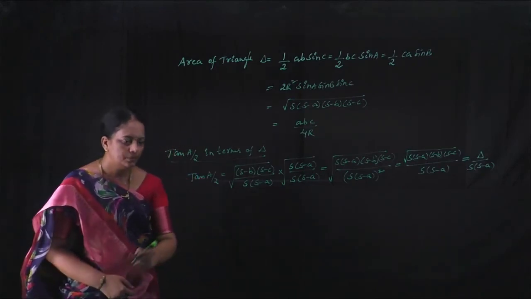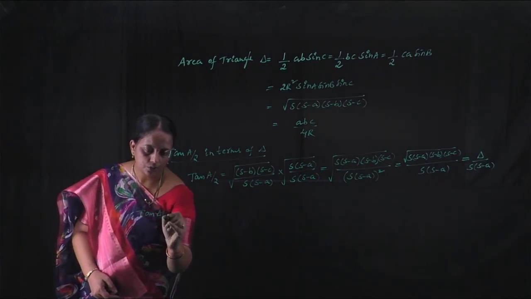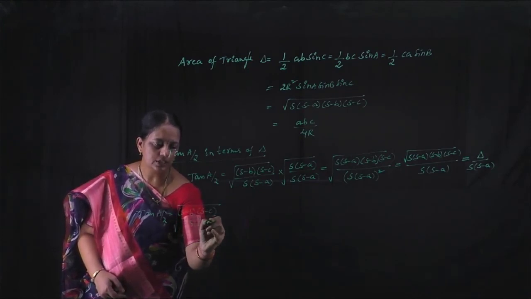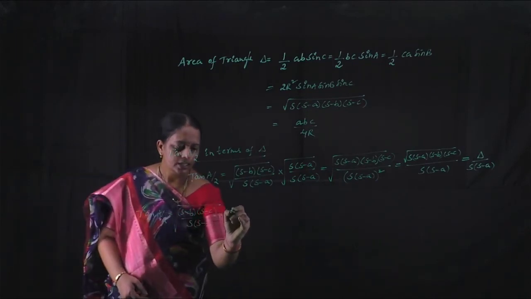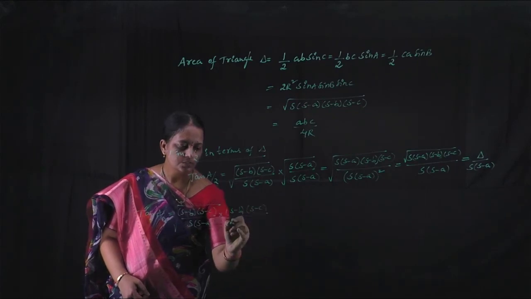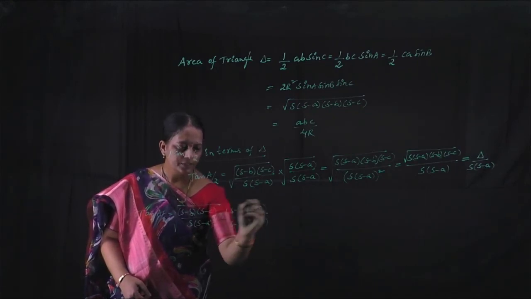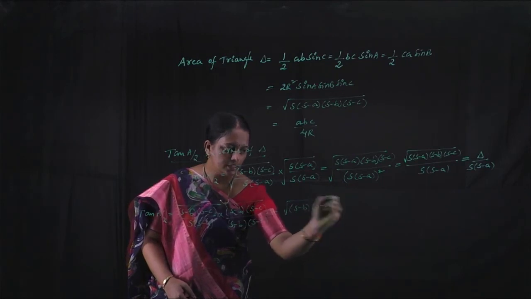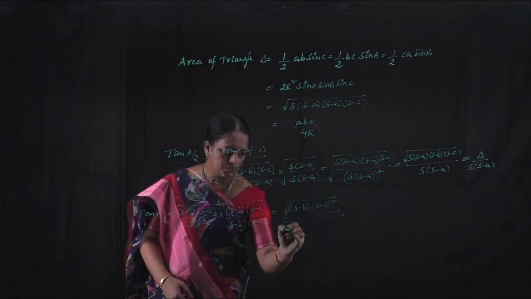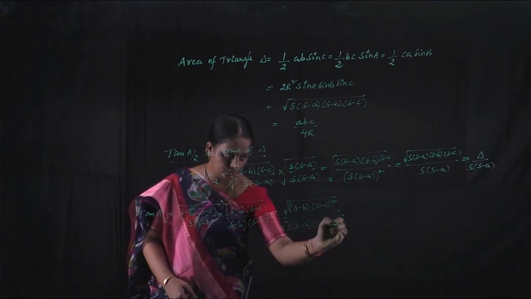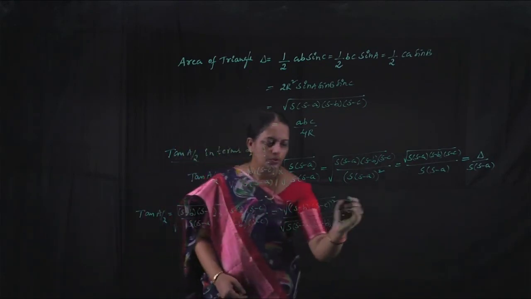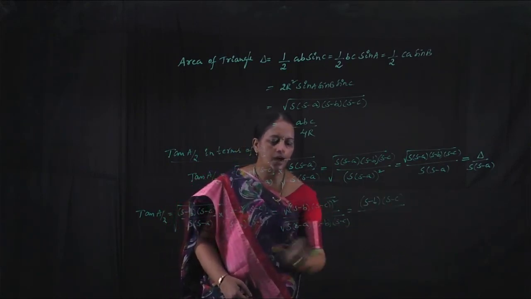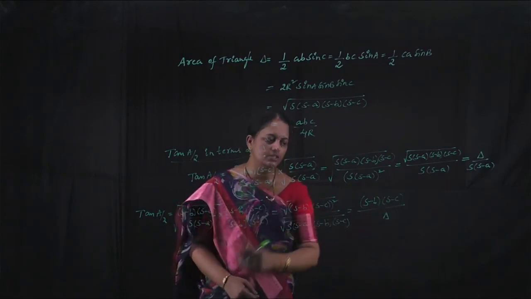And the alternate form is, since tan A by 2 is equal to root of S minus B into S minus C by S into S minus A. Multiplying and dividing this value with S minus B into S minus C. This is equal to root of S minus B into S minus C whole square by root of S into S minus A into S minus B into S minus C. So this is equal to S minus B into S minus C by root of S into S minus A into S minus B into S minus C, means delta.